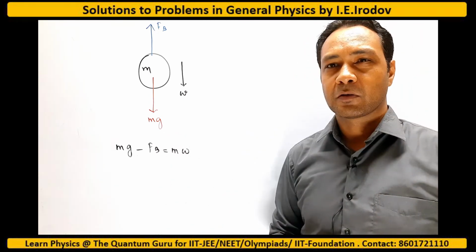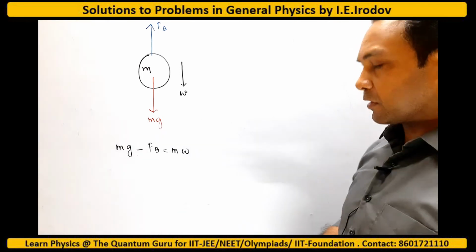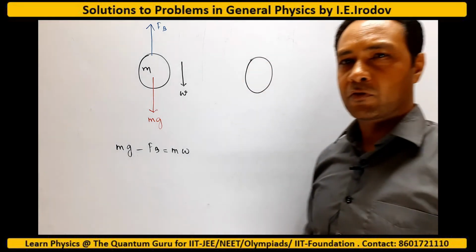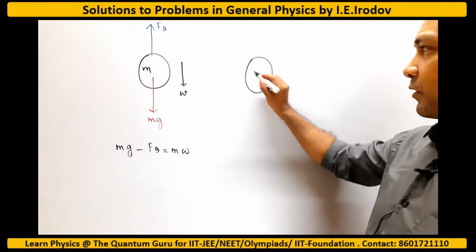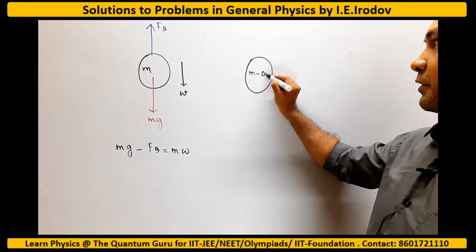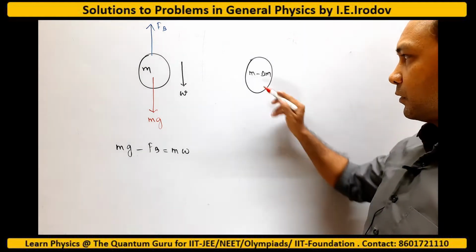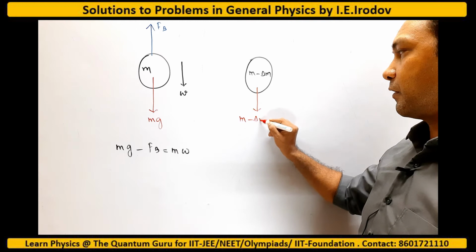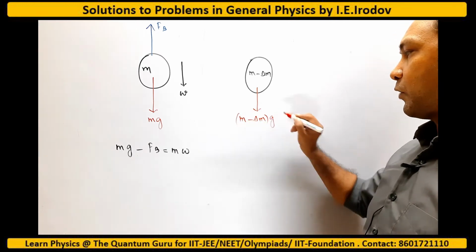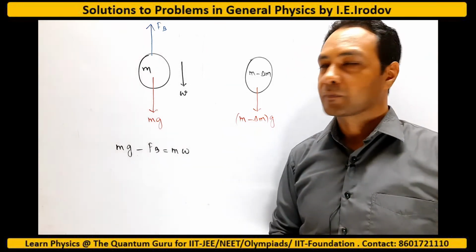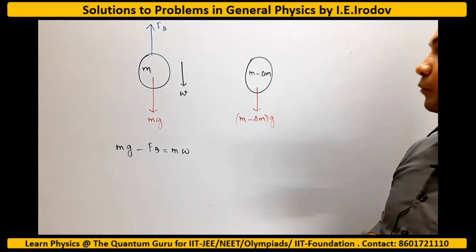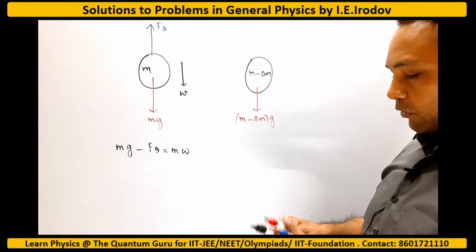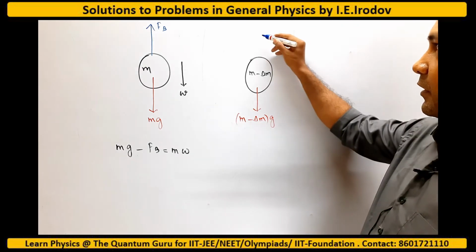And now what happens? We have dumped some mass, say we have dumped delta m mass here. The remaining mass is m minus delta m. Now its weight has become (m minus delta m) into g, and the buoyant force is because of the volume, which is not changed, only some mass from the inside of the body is dumped out.